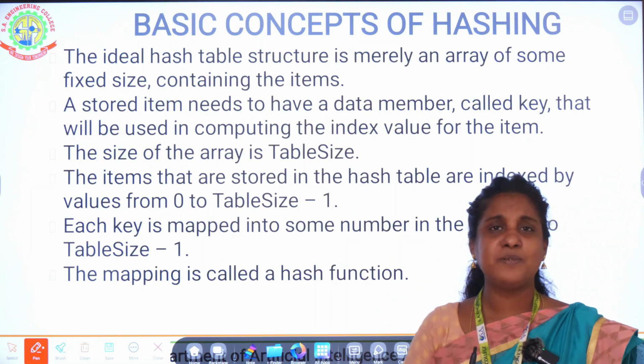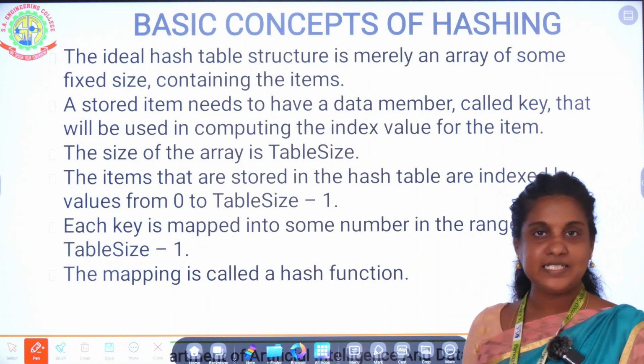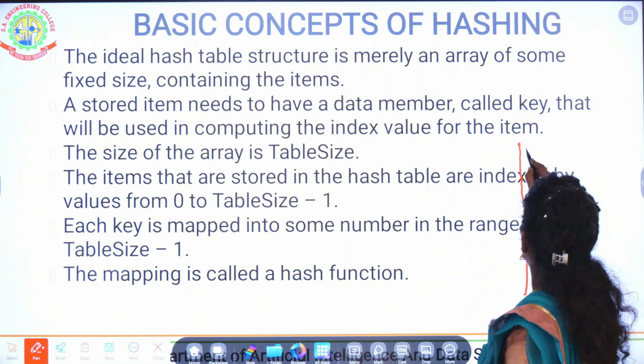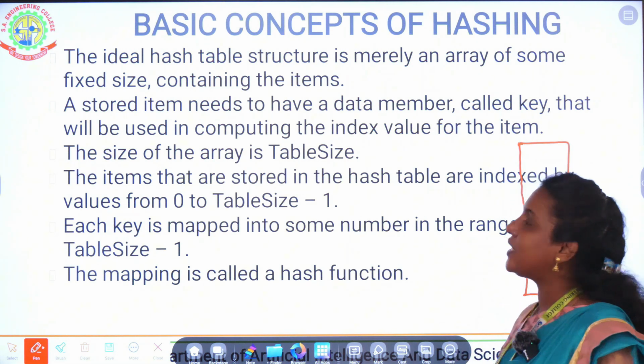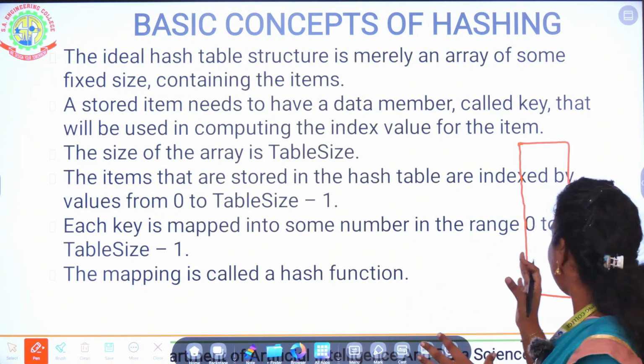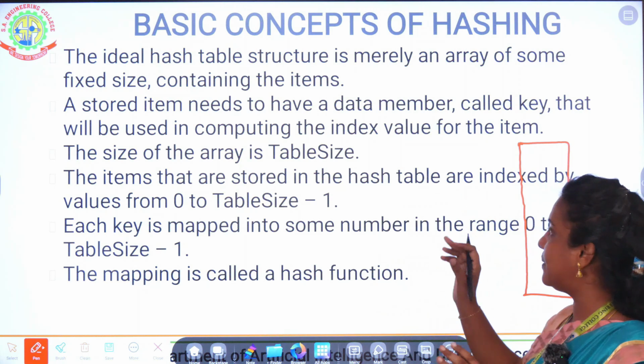How does this hash table look? We have already seen that it looks like an array of fixed size, which means before implementing the hashing, you have to fix the array size or the hash table size.